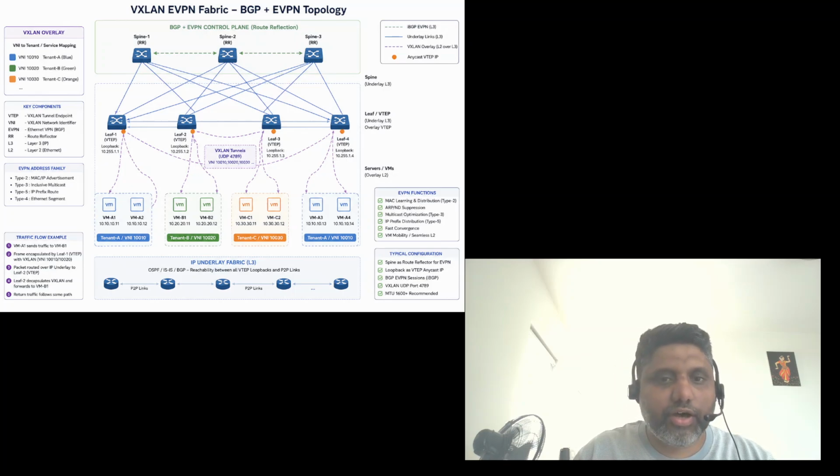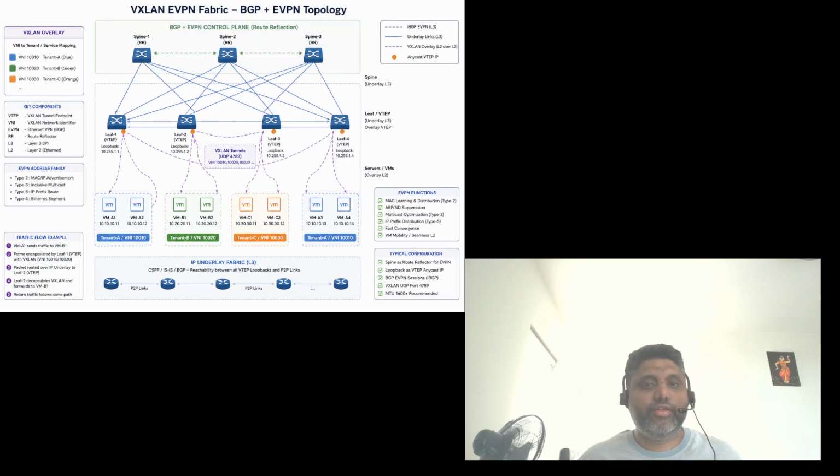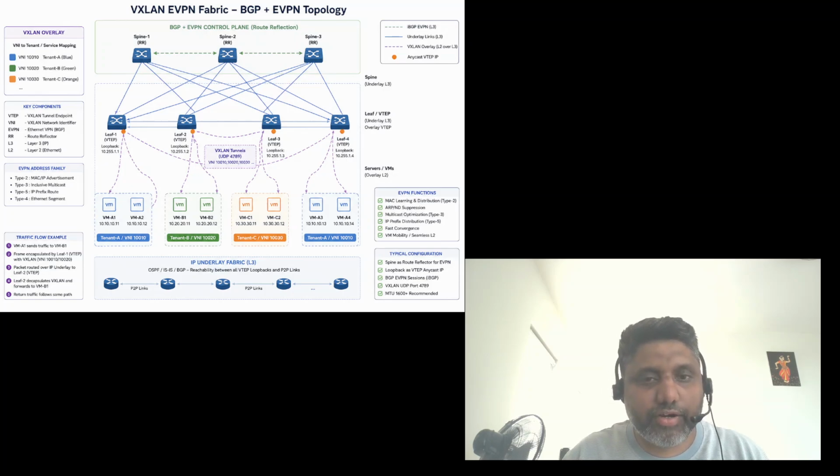It will respond with an ARP response packet saying I'm at this MAC address. Now the question is, will it send an ARP over these IP links? No, it will not, right? Through the EVPN control plane and EVPN attributes, they will already know the MAC addresses of the VMs connected to leaf 2, leaf 3, and leaf 4.